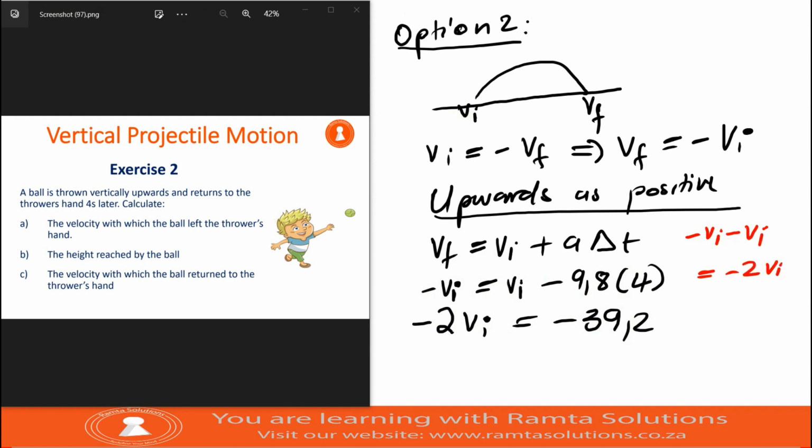Now what is VI? VI is 39.2 halved, which is 19.6 meters per second, where it's positive, so it's upwards, because negative divided by negative is positive. So this is how you can calculate it.